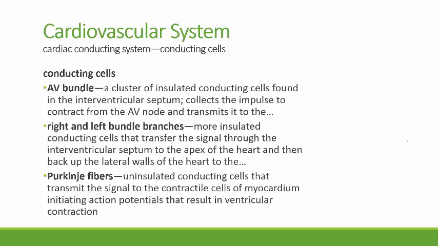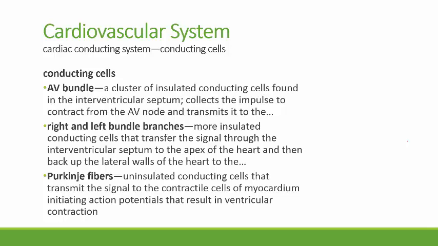Remember, these fibers transmit the signal to contract up into the endocardium that lines each of the ventricle walls. And that's where we now release the signal to contract out to all of the ventricle cardiac muscle cells. And we see a contraction that begins from the apex of the heart and then spreads upward, pushing the blood up and then out through the great arteries and veins of the heart.